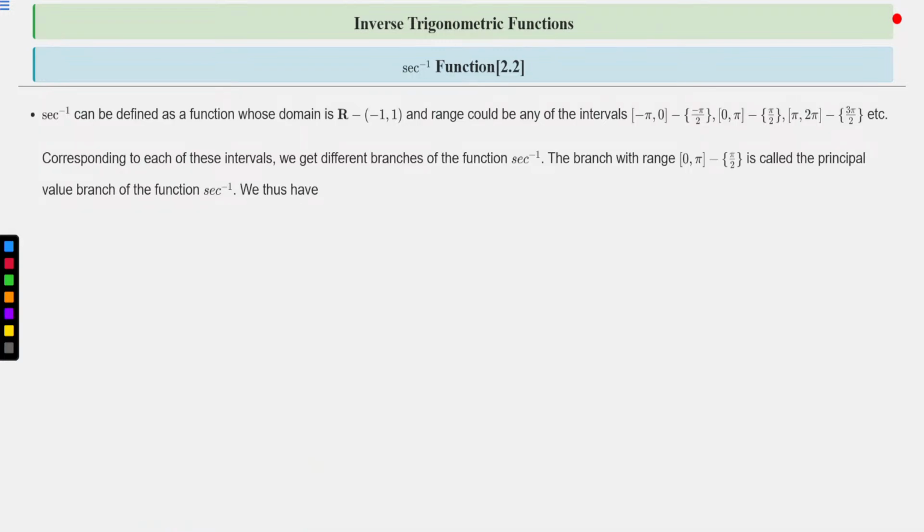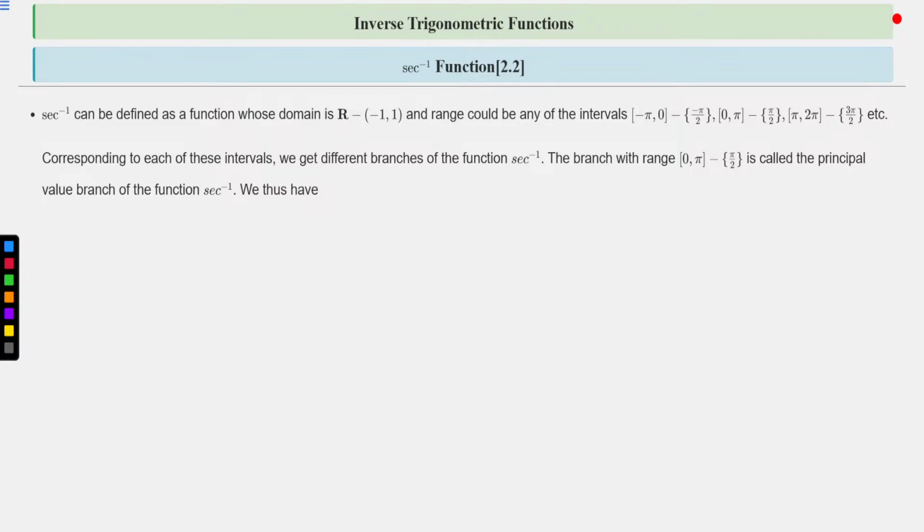Sec inverse x. Similarly, sec inverse x can be defined as the function whose domain is all real values except minus 1 to 1, and range could be any one of the intervals minus pi to 0 except minus pi by 2, 0 to pi except pi by 2, pi to 2 pi except 3 pi by 2, etc. Corresponding to each of these intervals, we get different branches of the function sec inverse.